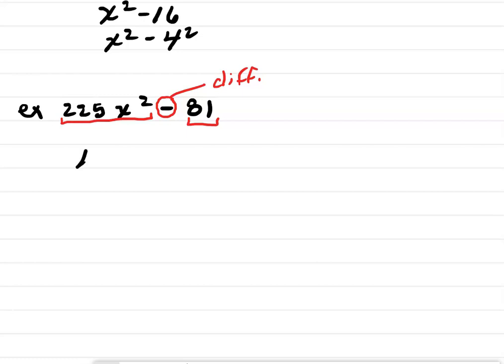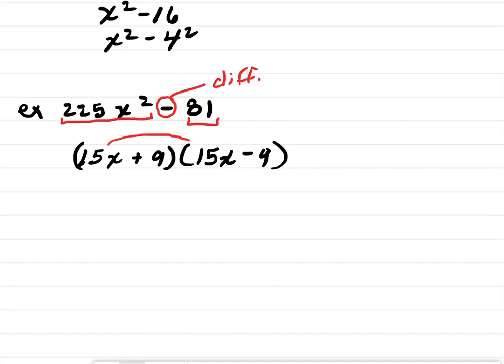So this would be written as 15x plus 9 and 15x minus 9. And that's it. Because once we do the FOIL method, I'll do it just to show you. 15x times 15x is 225x squared. Here's our positive 15 times negative 9, and here's our positive 15 times positive 9, and that's why those cancel out. And then we have negative 81. Difference of two squares.